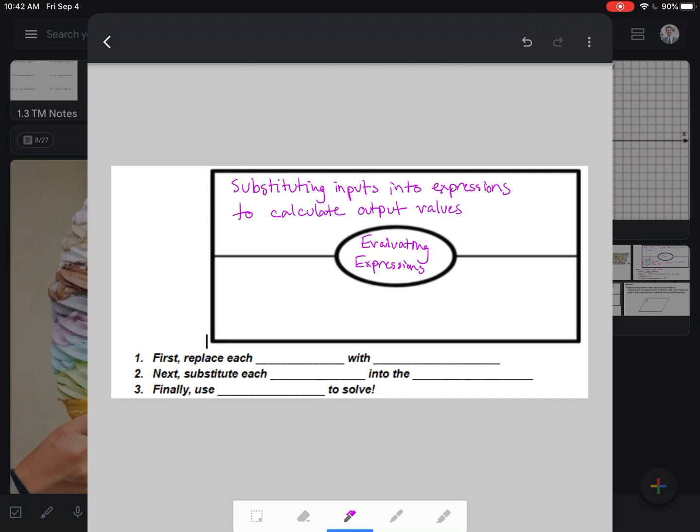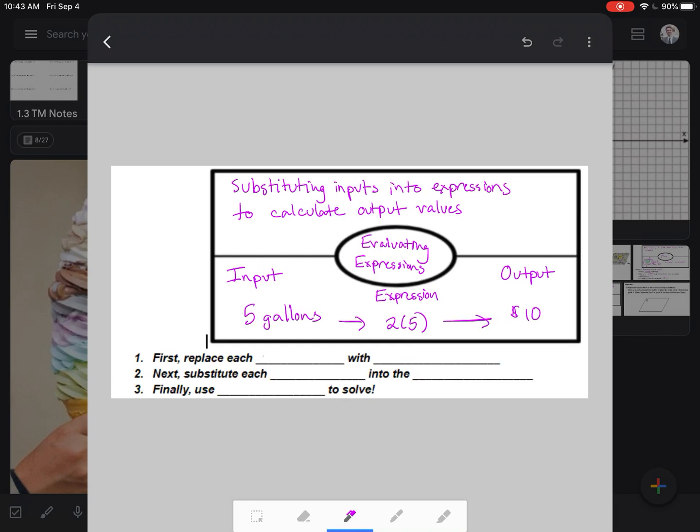So it's just a really fancy way of saying put something in, it goes through the process, and you get something out. So our example is our input would be 5 gallons. We input it into the expression, and our output is being charged $10. So that's our process here.